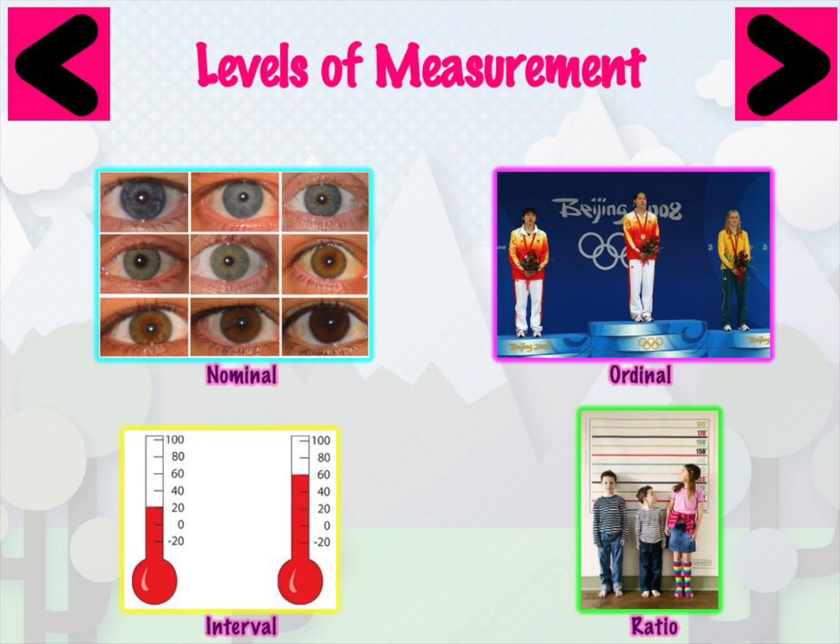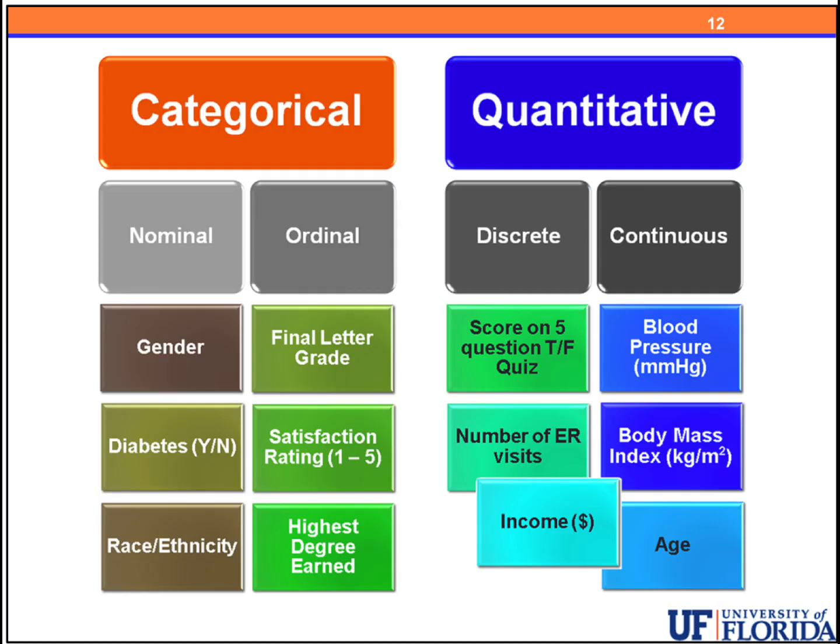The first level of measurement we're going to discuss is nominal, and nominal variables are also referred to as categorical variables. They are qualitative in nature, meaning that the data you collect on nominal variables is collected in the form of words.